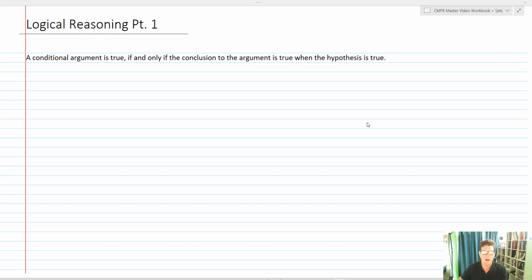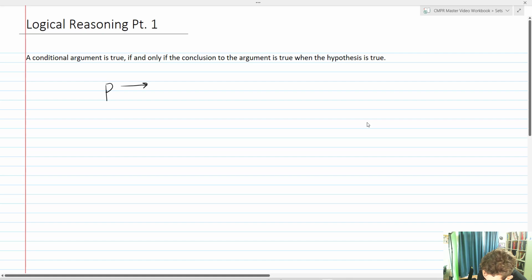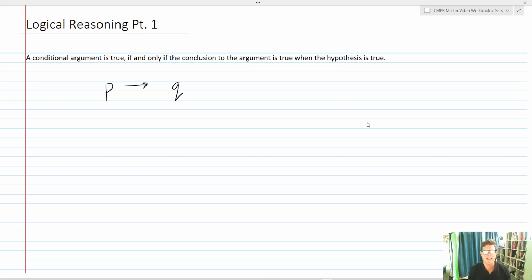So the first thing we want to look at is what it means for a conditional argument to be true, and we want to just remember that. Let's say, for example, I have P implies Q. What we know is that this conditional is going to be true if and only if the conclusion is true when the hypothesis is true.